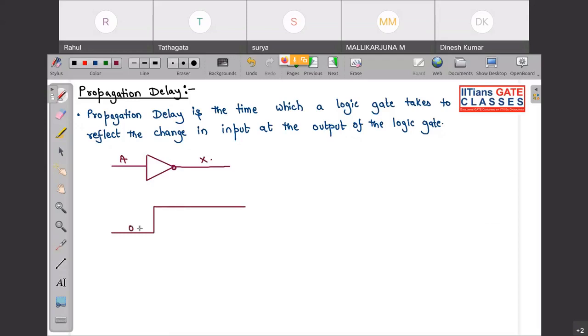So this is 0, this is A actually. At t equal to 0, input changes from 0 to 1. So ideally, if this is your ideal NOT gate, what will happen? See, output is always the complement of the input. So output will be something like this.